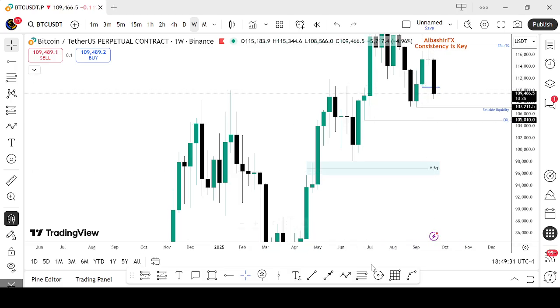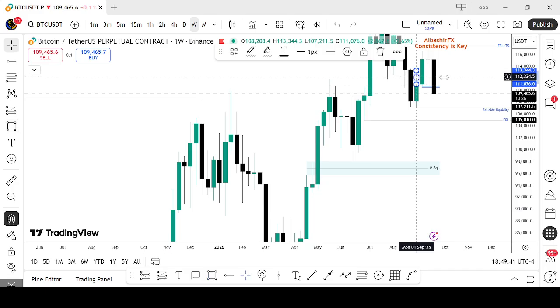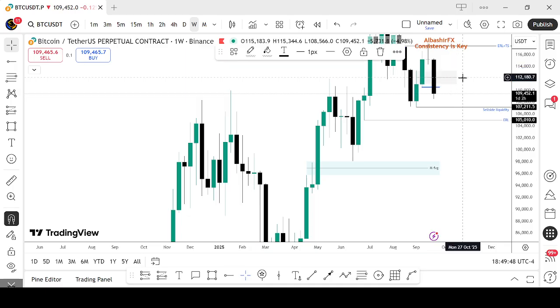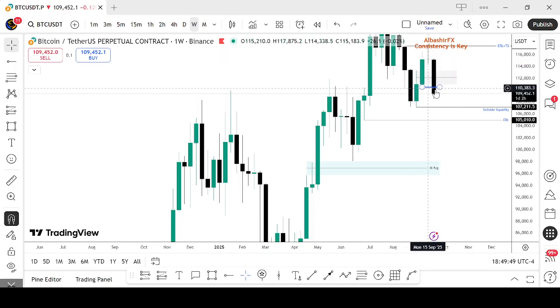So I'll also bring your attention to this area. Let me just use this particular thing to illustrate it. This is our lower time frame. So just look at the fair value gap. Our candle high next week, the body of the candle, whether daily or daily, daily candles should not close above here.